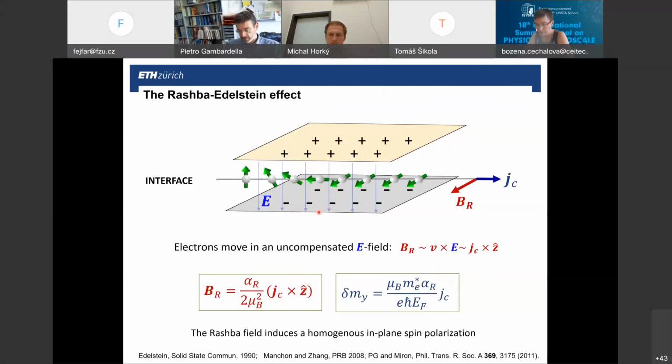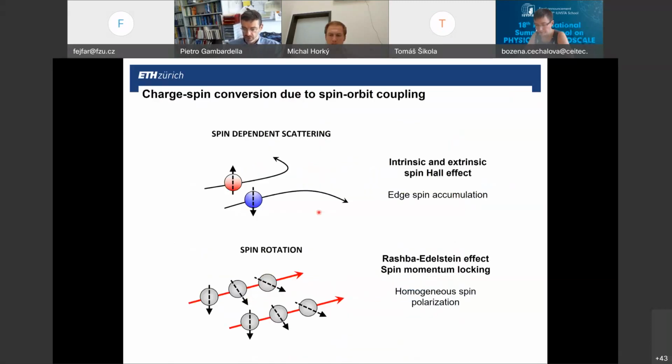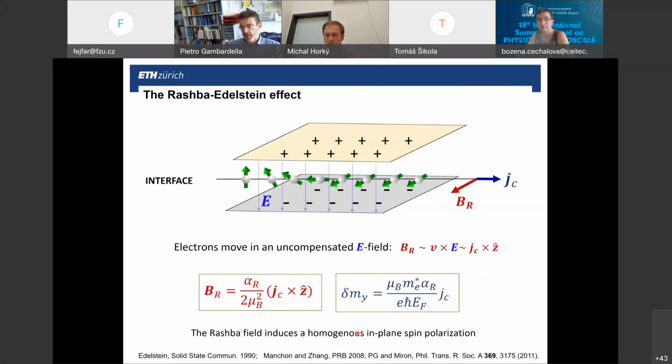We then have the Rashba-Edelstein effect, which produces a non-homogeneous spin polarization perpendicular to the direction of motion of the electrons in the system. And in order to have that, you must have a system, and typically these are interfacial systems, where there is a net electric field between two layers, maybe because of charge transfers between the two layers. This electric field is seen by the traveling electrons as a magnetic field due to a relativistic Lorentz transformation.